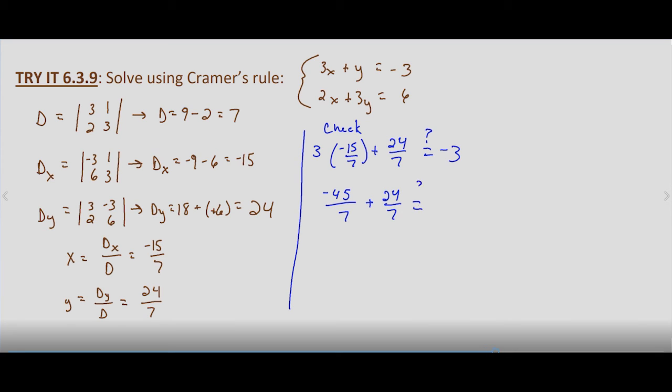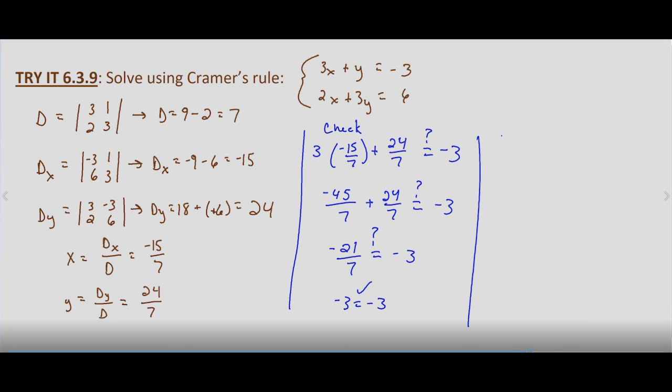Does that equal -3? So -45 plus 24, that's -21 divided by 7. Does that equal -3? And yes, it does end up being -3 equals -3. So it checks in our first equation.